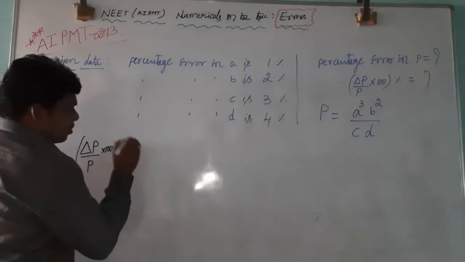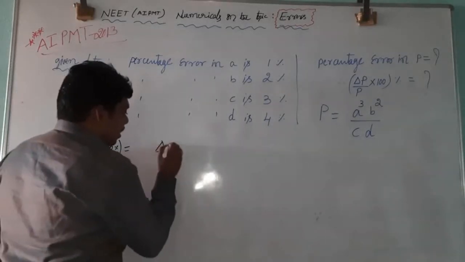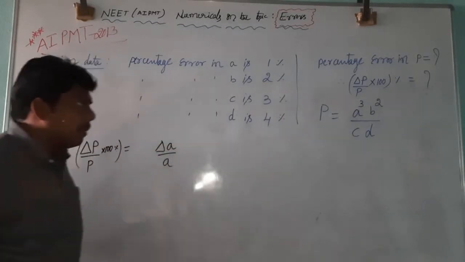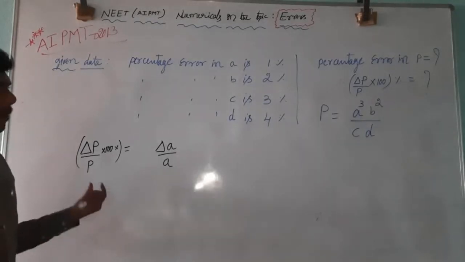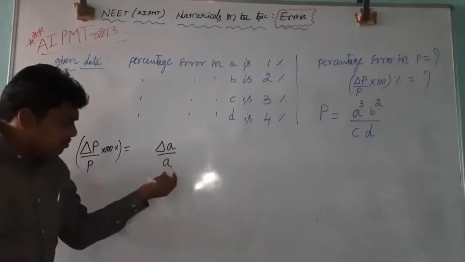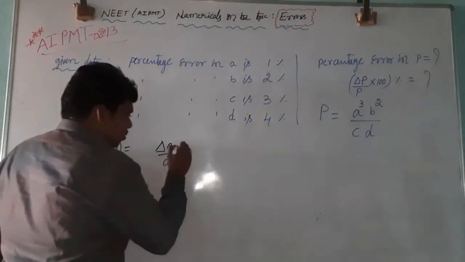is equals to what? Delta A by A. Here they have given in terms of the percentage error. You can take it directly in terms of the relative error, or directly in terms of the percentage error. There is no problem at all.